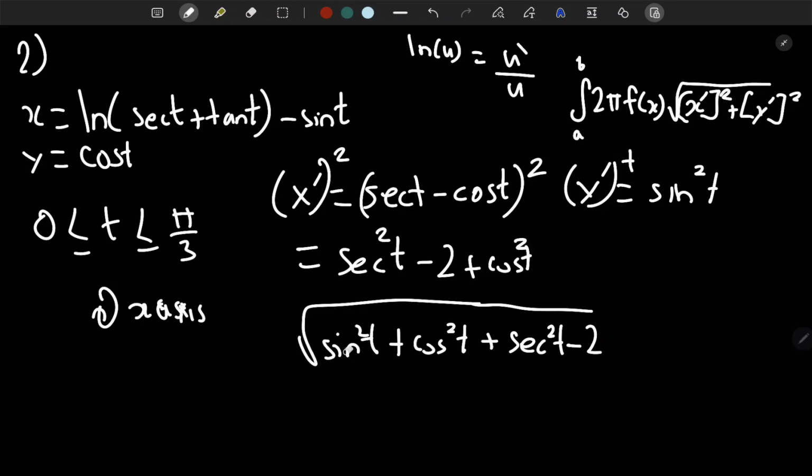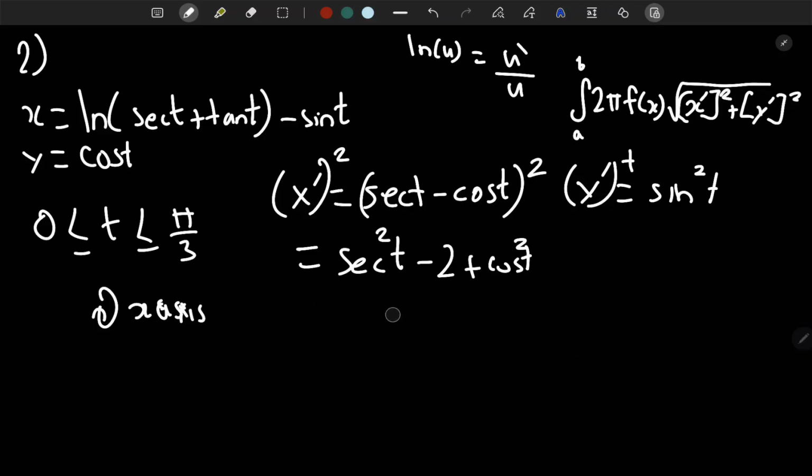Here the sine squared t plus the cosine squared t is going to cancel out, it's equal to 1, and we have a minus 2 over here, so that is going to be simply minus 1. So all we're left with here is secant squared t minus 1. So let me just write that again, secant squared t minus 1.